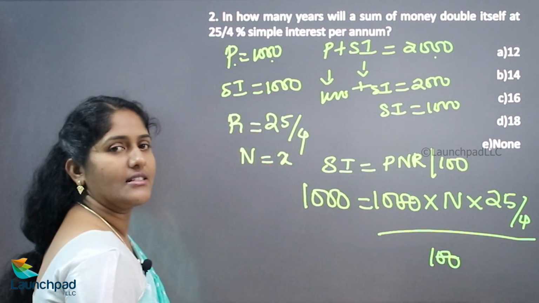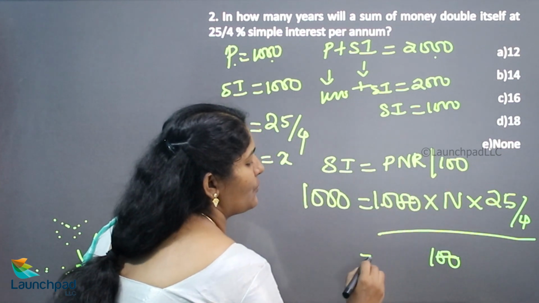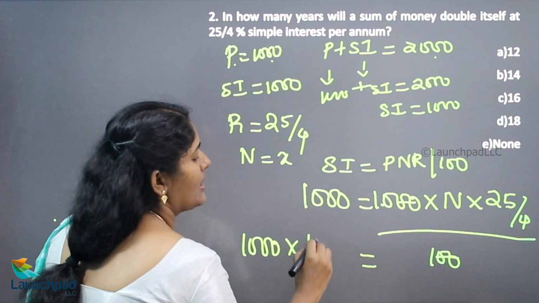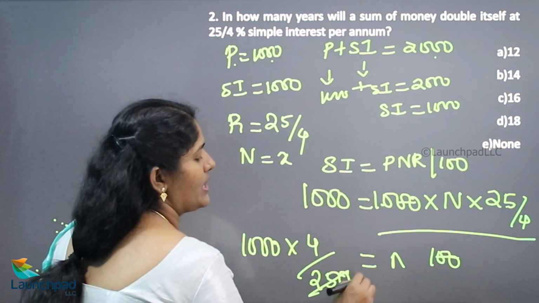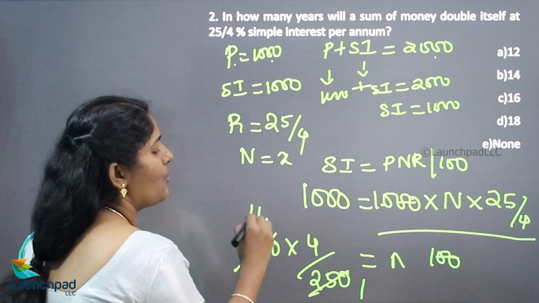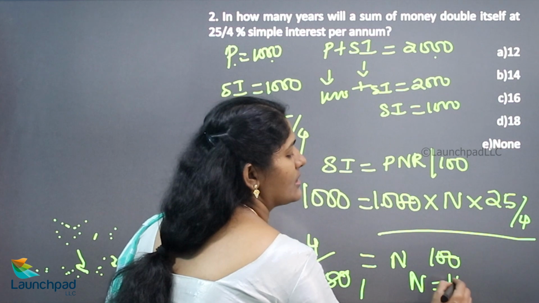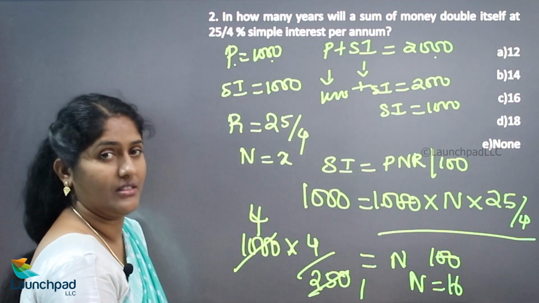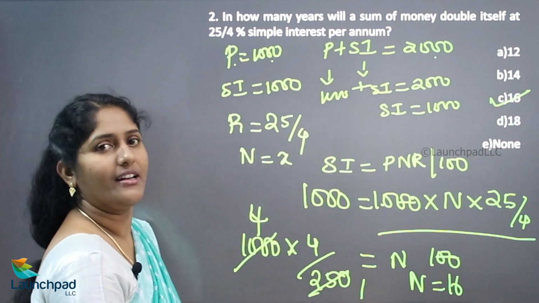Cancelling the zeros, then 4 by 25 gives n. So, 4 times 4 is 16. Number of years is equivalent to 16. In 16 years, the principal will double itself. So, option C is your correct answer.